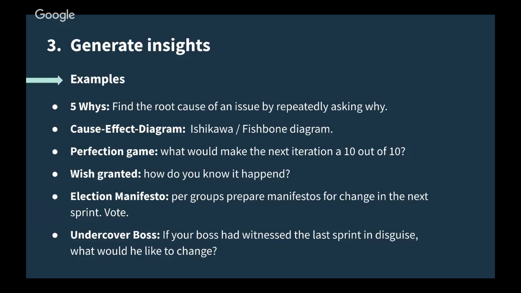Another one for root cause analysis is the cause effect diagram, which is the Ishikawa or fishbone diagram in the books. Here you have a problem which is the effect of several other problems, and what you do is draw your main problem as a horizontal line in the chart, and you keep adding lines that intersect that one as if they were the fish bones of the spine, and all those lines represent a cause for that effect.